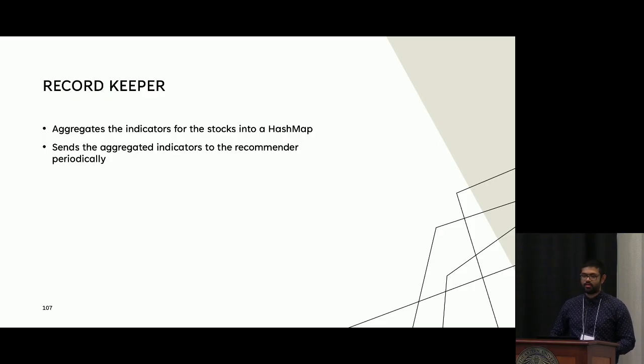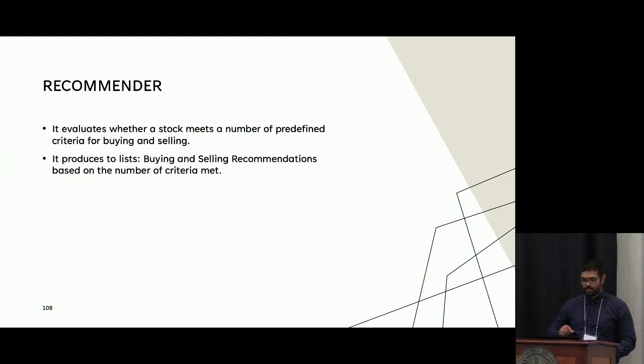Record Keeper also exposes an HTTP REST endpoint so that other systems can query this data and you can build your own logic to trade on it. Every 30 seconds Record Keeper sends the aggregated data to the recommender. The recommender, using the metrics, has a set of criteria, so it finds out which stock at the moment is best for buying and for selling.